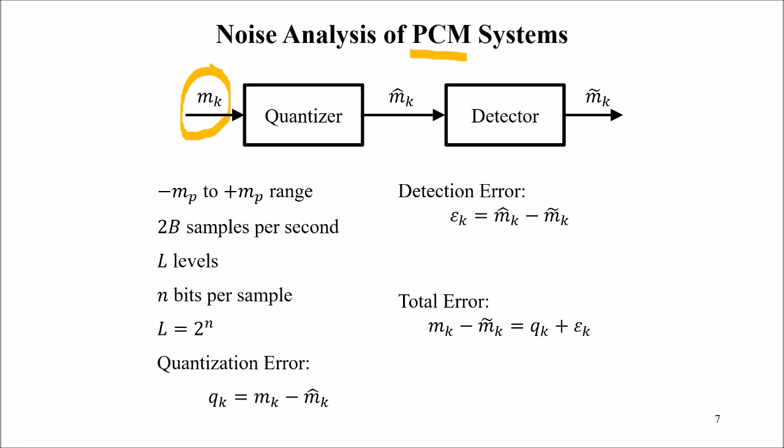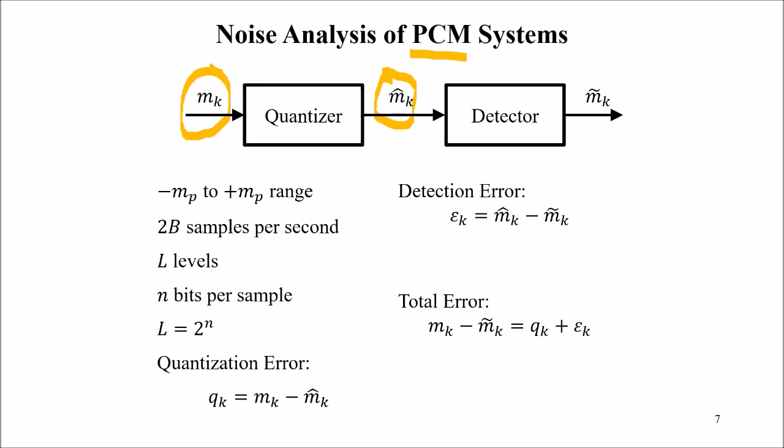So K is an index number to indicate that it's a discrete value. That sampled value is applied to a quantizer so that it is rounded off to its nearest standard value depending upon the number of bits we are using and the number of levels in our quantizer.